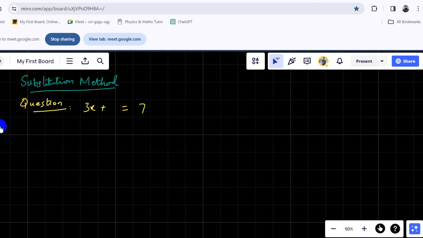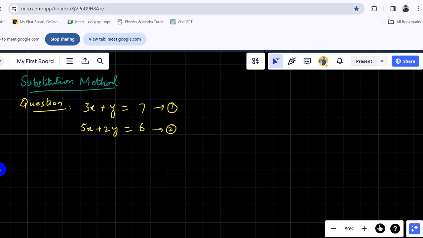For example, let's say this is 3x plus y equals to 7, so this is equation 1. So what should be the equation 2? 5x add 2y is equals to 6. This is equation number 2.